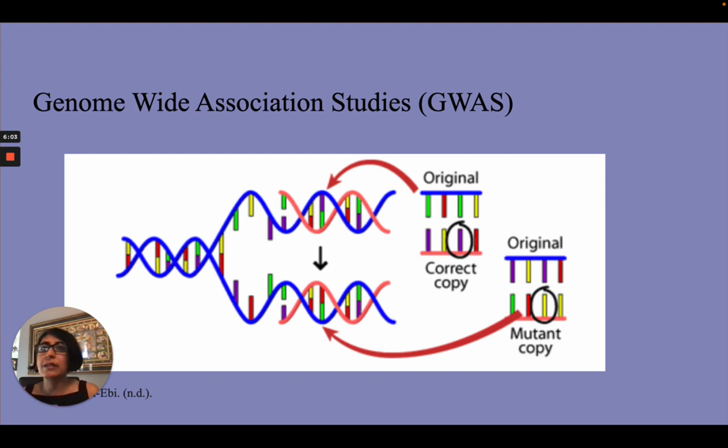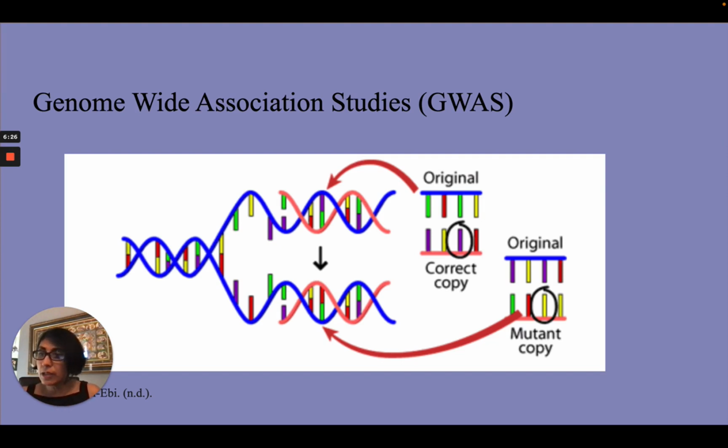So basically, when scientists look at DNA across multiple populations, they are looking for a permanent alteration to the DNA sequence.